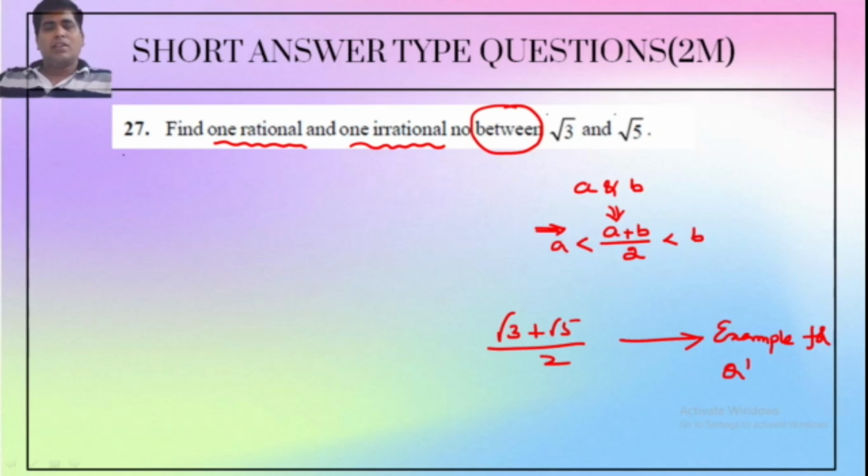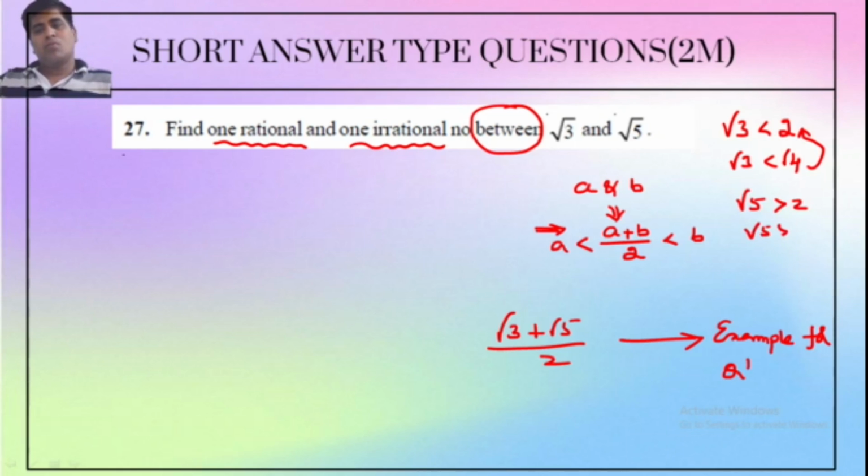So clearly we have to think about it. Root 3 is less than 2 definitely. Yes, because root 3 is less than root 4. So what is the root 4 value? 2. So the root 3 value is less than 2, and the root 5 value is more than 2. Why?